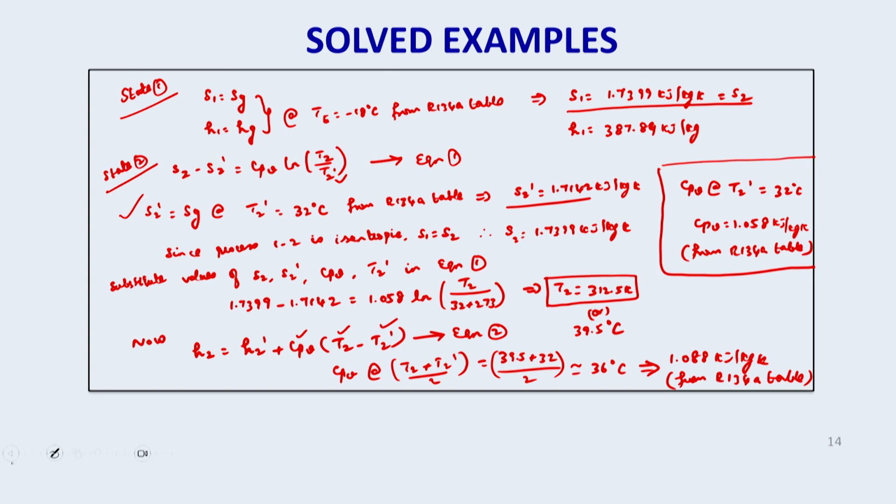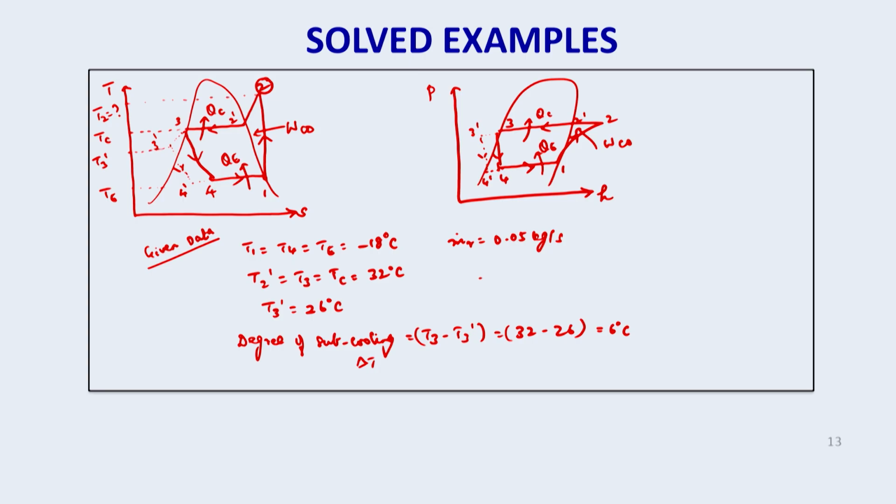T3 is condenser temperature 32, T3 dash is 26, so the average, 32 plus 26 divided by 2, is equal to 58 by 2, you will get 29 degrees centigrade.